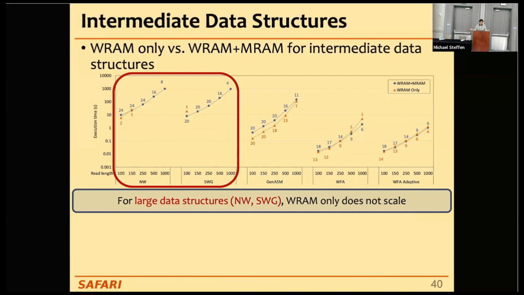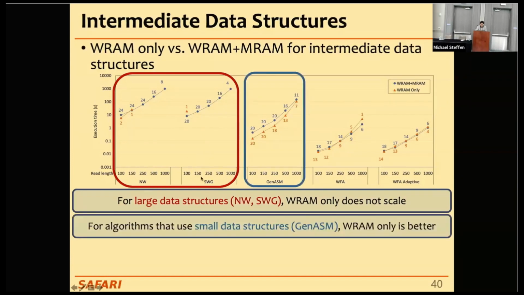So at some point, if we want to only use WRAM, the only thing that we can do is reduce the number of concurrently running PIM threads. That's why, as you see for NW and SWG, we can only use either one or two PIM threads in the case of NW, or just one in the case of SWG.